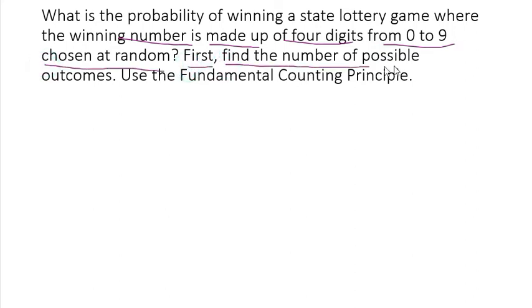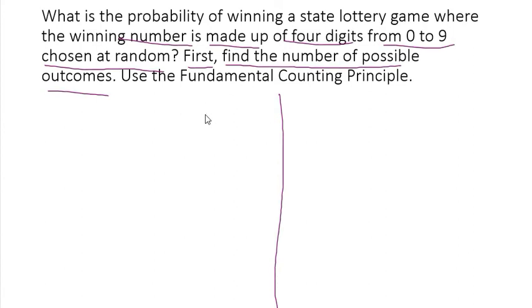First, find the number of possible outcomes. This is the thing that you need to take note: there are times that in some examples, when you talk about a 4-digit number, 0 cannot be considered for the first digit, when it's talking about a number.